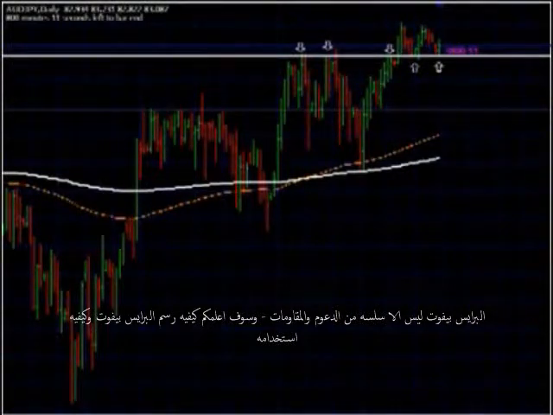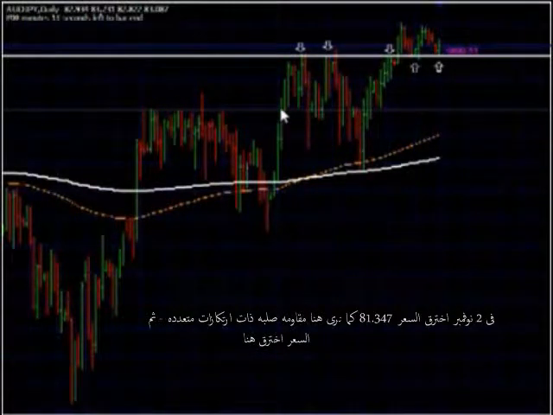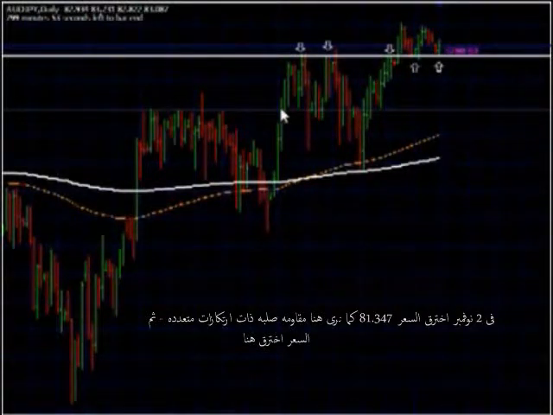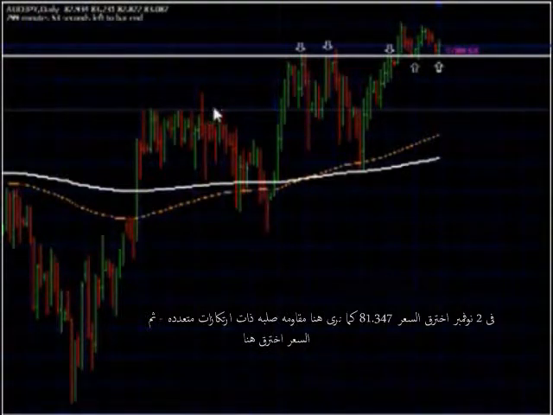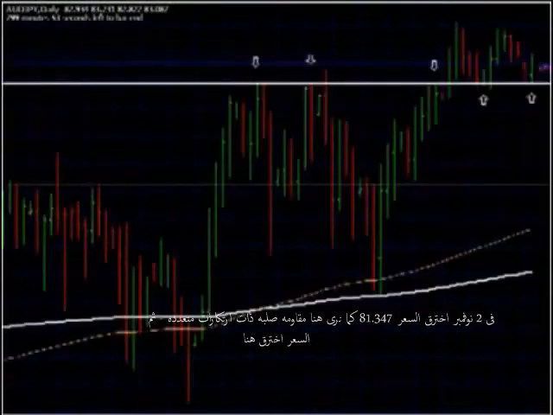On this date, the 2nd November, we can see price eventually broke up the 81.35 price pivot. We can see a strong resistance over here, with several points being marked. Price eventually broke this up. Let me zoom this in.